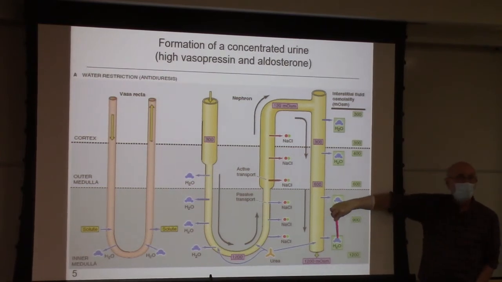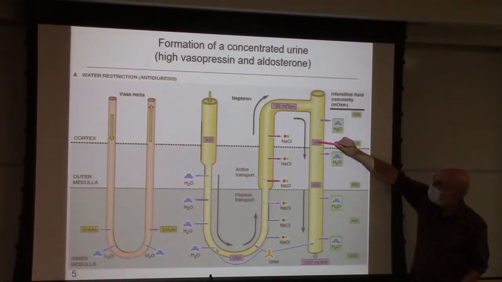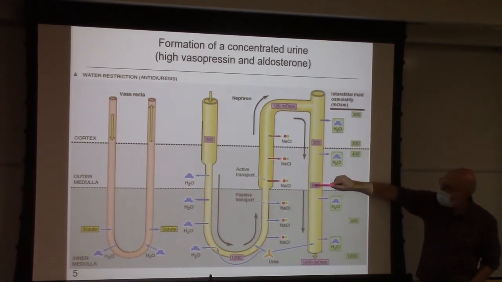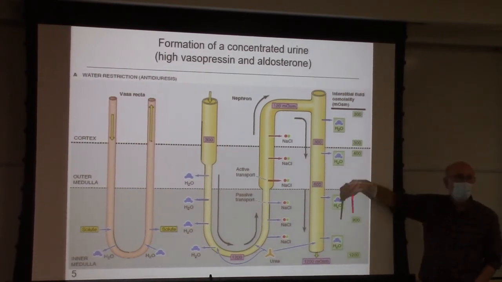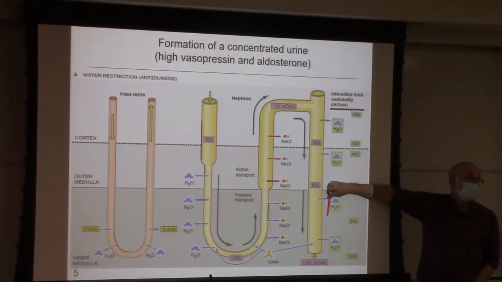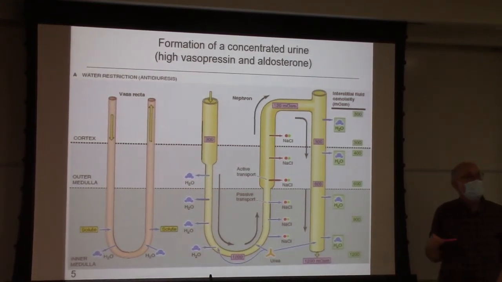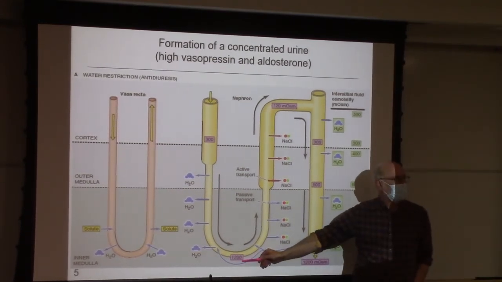It's highly water permeable. So if we have a dilute-ish fluid moving into a highly concentrated interstitium, and the membranes are permeable to water, water is going to flow. Now you could say, well, this flow of water is going to dilute this gradient.